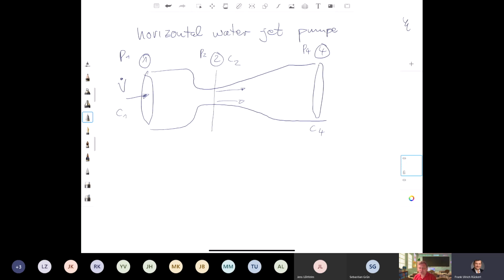What will happen to velocity 2? You have velocity 1, and will velocity 2 be higher or lower?